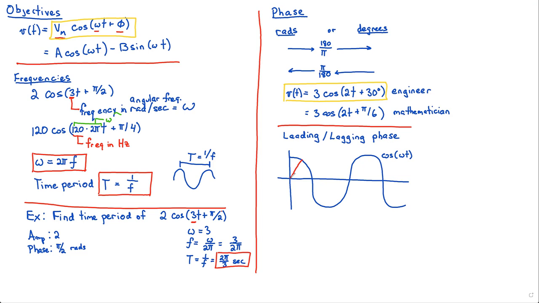This output waveform I'm going to draw will be a sine wave. And although it is a sine wave, we know it is a sine wave of the same frequency. You can see it's the same frequency. But because in this very upper left-hand corner, I said that as engineers, we want to write everything in terms of possibly phase-shifted cosines, I'm not going to call it a sine wave.